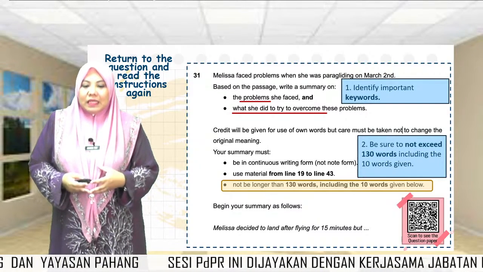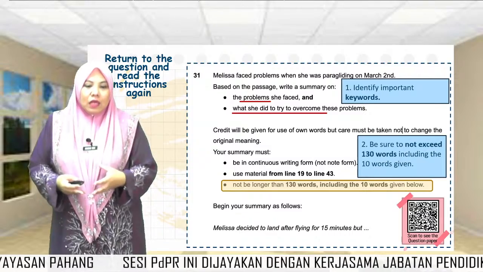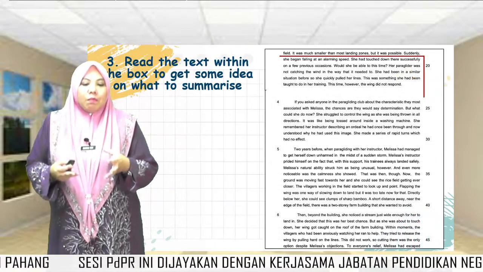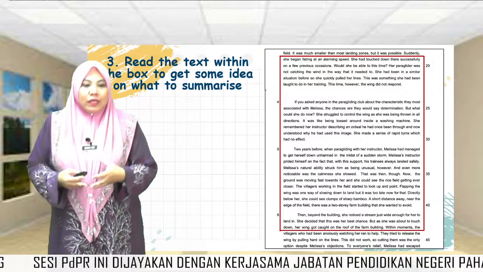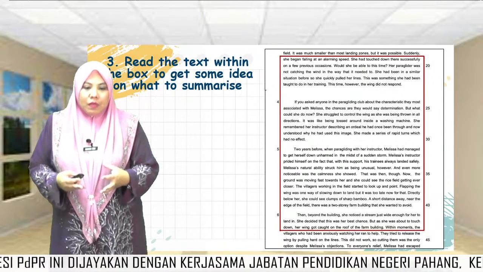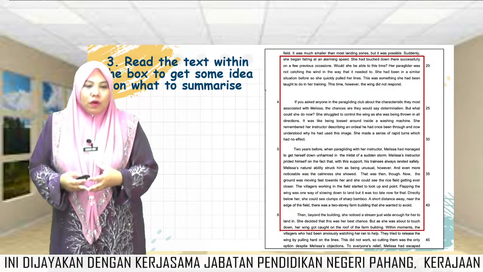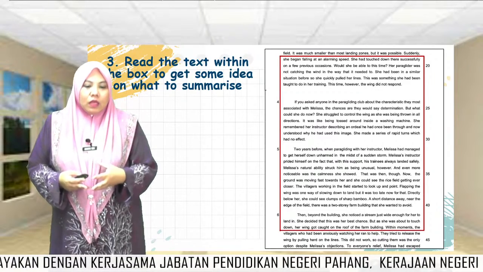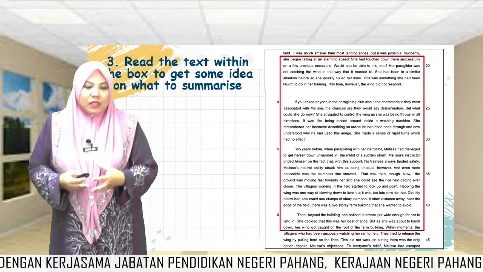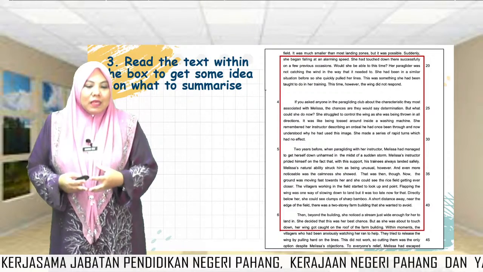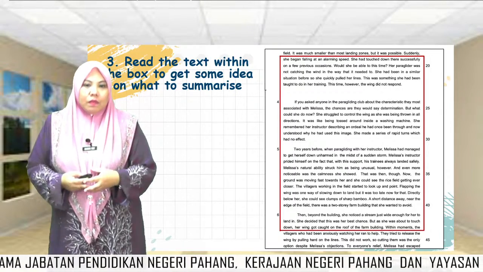Read from line 19 to line 43 again and look for information based on the task. Remember that your task is to look for, number 1, the problem Melissa had faced, and number 2, what Melissa did to try and overcome the problems.